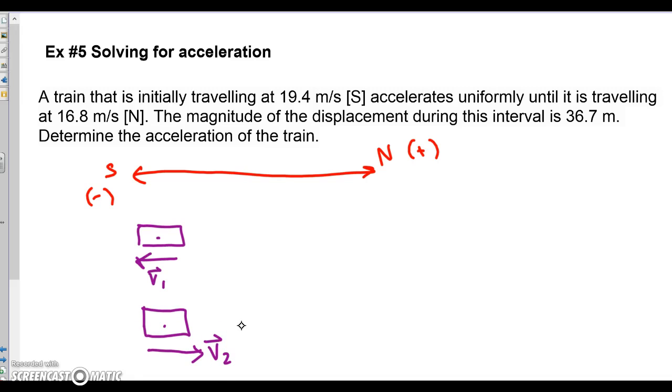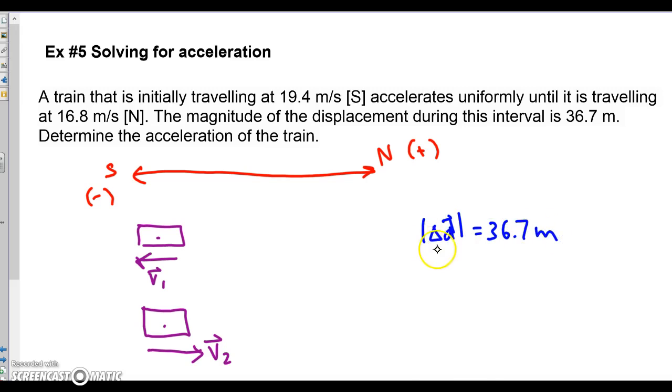But we don't actually know whether or not the train has a net northward displacement between point 1 and point 2, or if it has a net southward displacement between point 1 and point 2. All we're told is that the magnitude of the displacement is 36.7 meters.